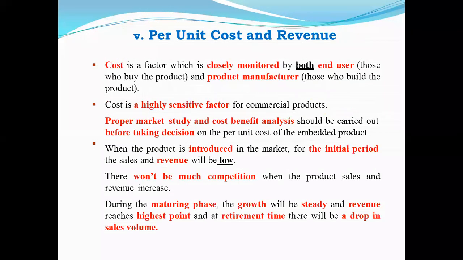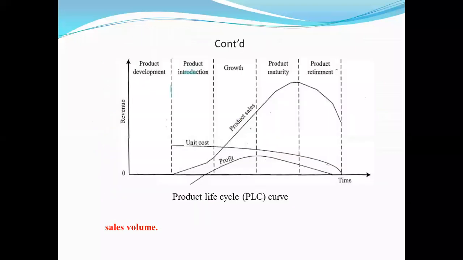So the next one is the per unit cost and the revenue. What this basically tells, we will try to understand with the graph here, right? Basically this indicates the product life cycle, that is the PLC curve. Suppose assume that there are n number of cell phone manufacturers here, and one company wants to launch a mobile.